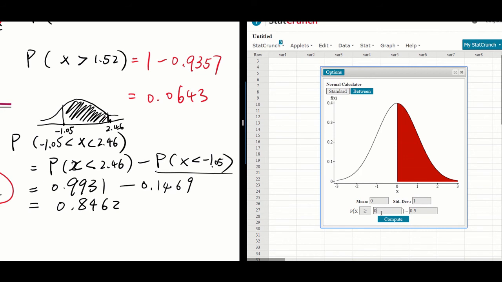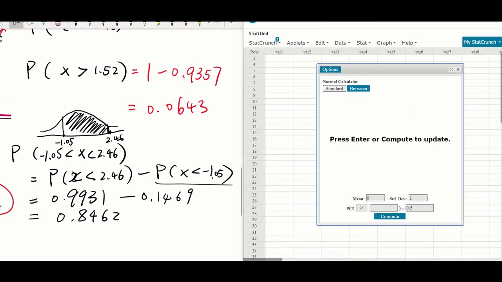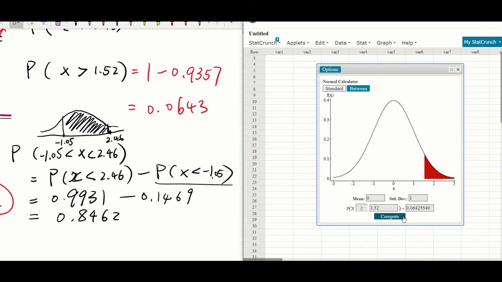So greater than or equal to 1.52, compute, and you can tell here it shows the area with x value greater than 1.52 is 0.0642, well 3 if you round it up, same value.